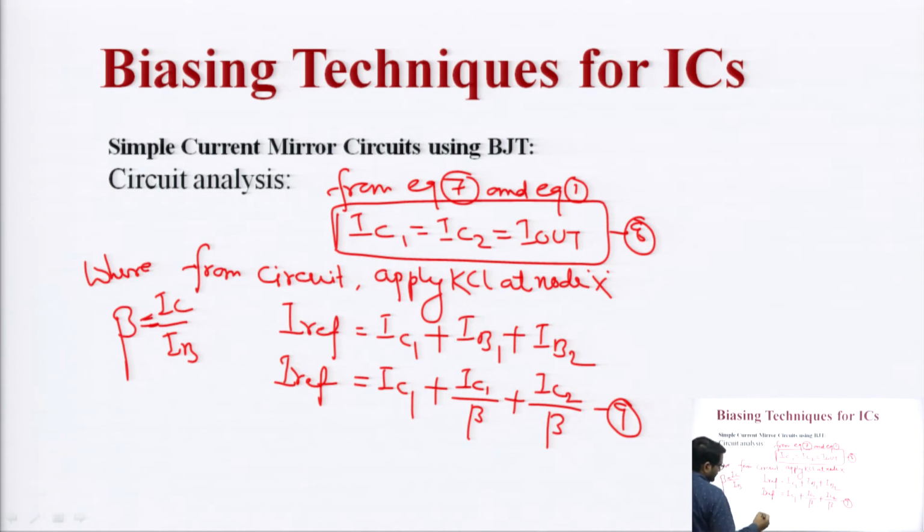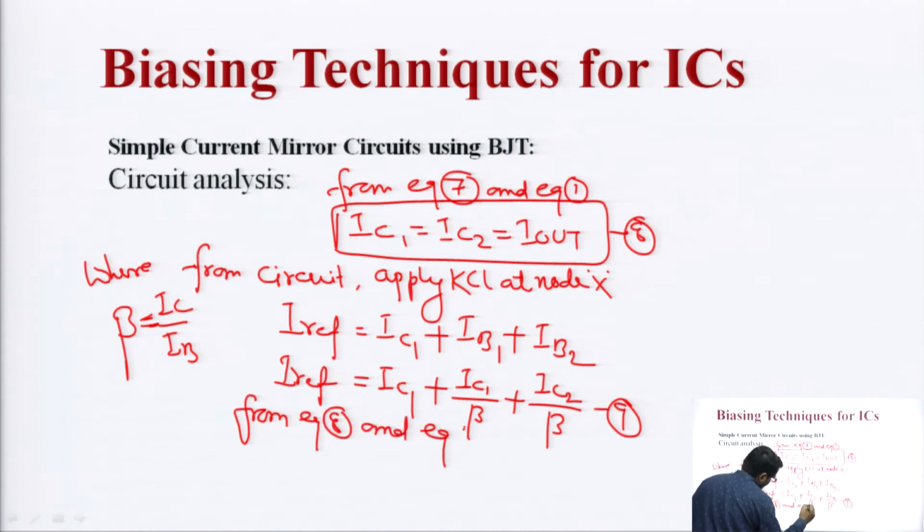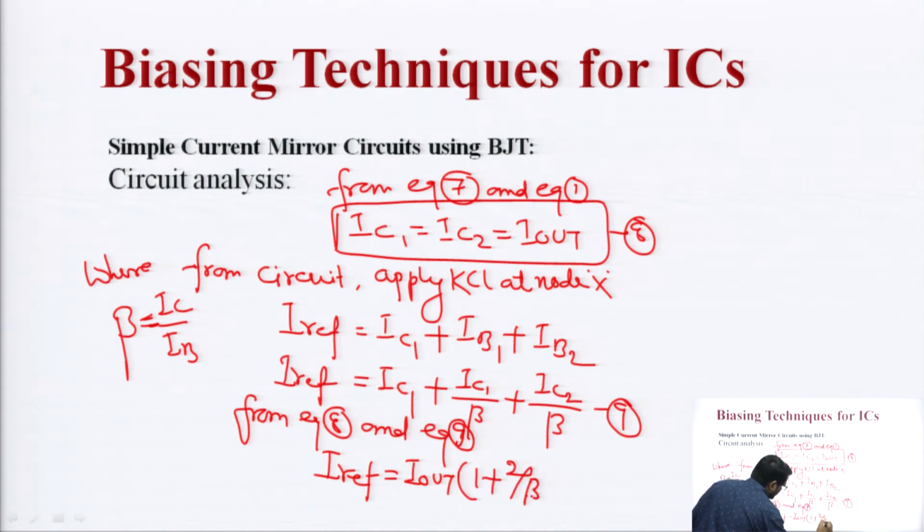So from equation 8 and equation 9, we find I reference is equal to I out times 1 plus 2 by beta.